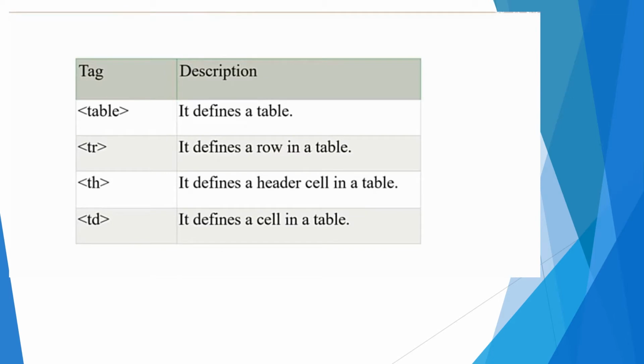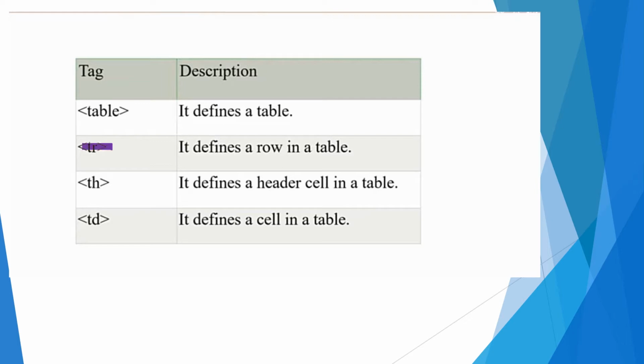What other tags will we use in table creation? Let us see those tags. First tag is table. To create any table, we will use the table tag, and for creating rows we will use the tr tag.